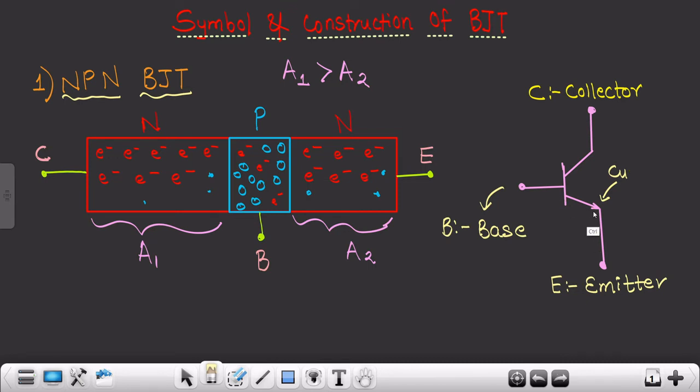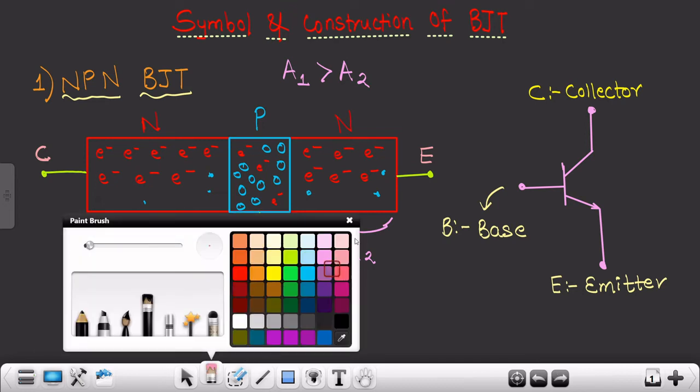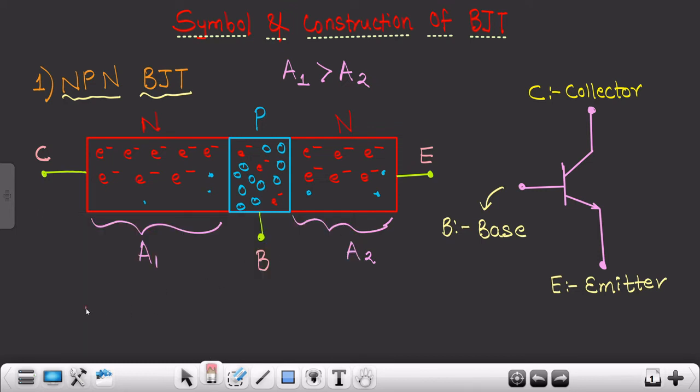So that's why, to remember NPN transistor in a very short form, mostly in colleges, professors target NPN as, I'll take a different color, yeah, I'll target NPN as not pointing in.